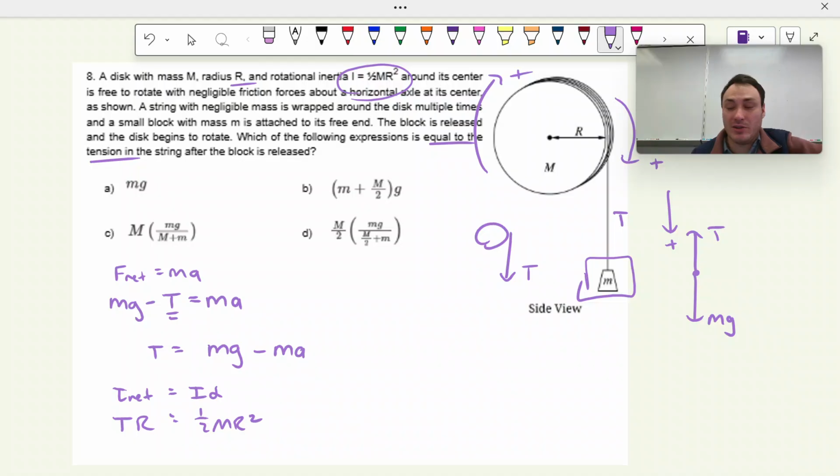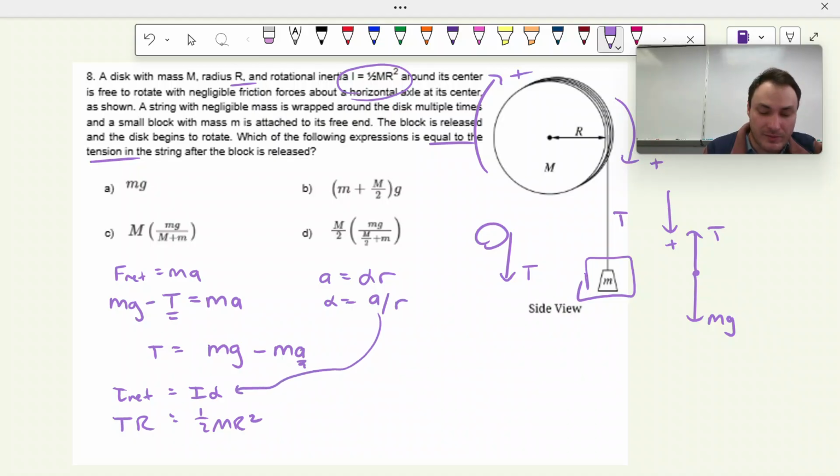And I'm trying to solve for linear acceleration to cancel out linear acceleration. Linear acceleration is angular acceleration times radius, and then we can solve for angular acceleration by doing a over r, and we can plug that in for this, and we get a over r.